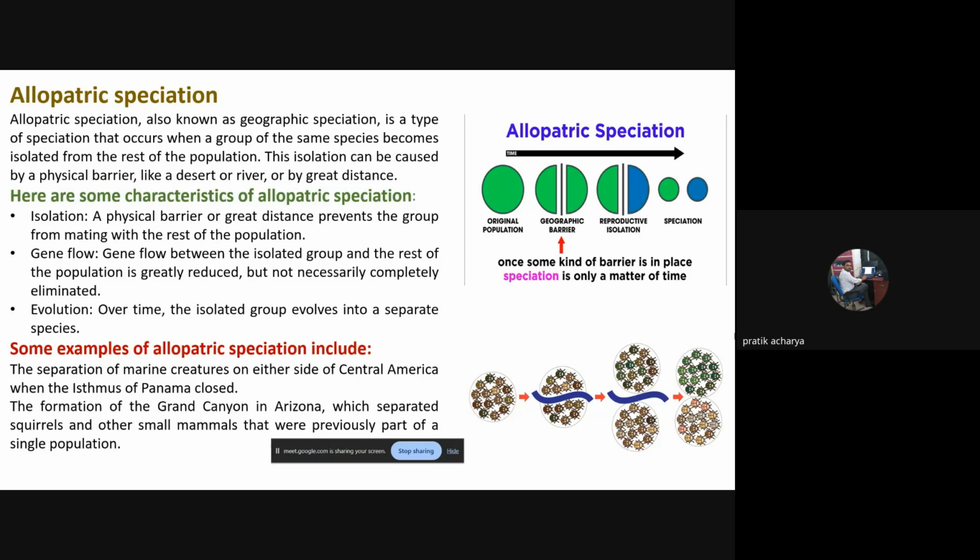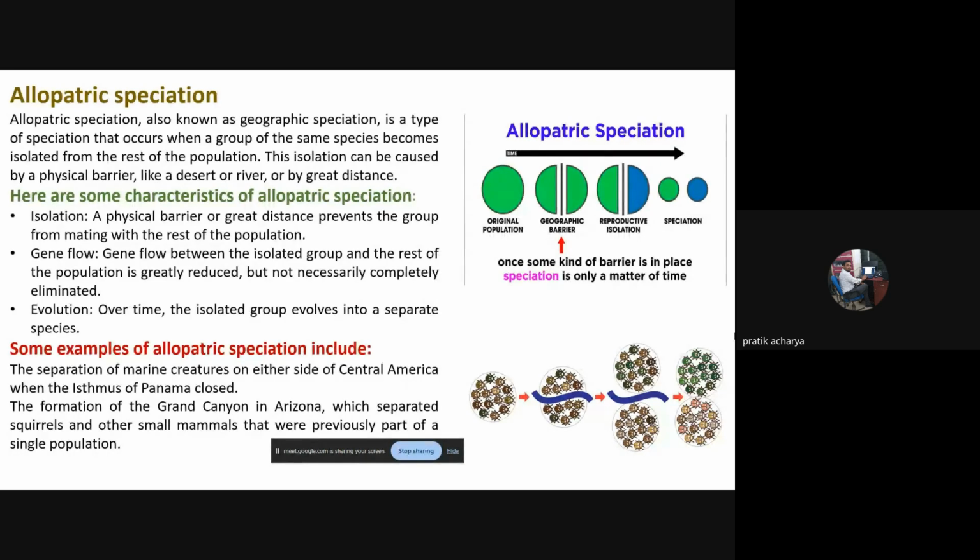They develop a different beak structure from the original population, and at last, after many generations, they find that the new generation is completely different from the original generations. Okay, that is the example of Darwin's finches for allopatric speciation.